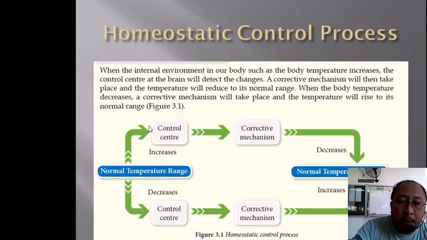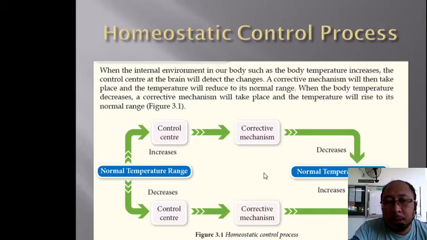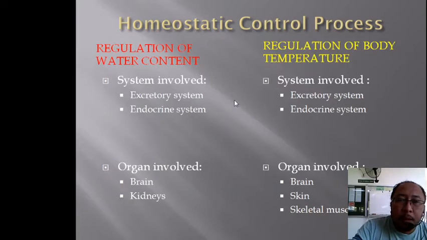Anything that happens in the internal environment of our body, there is a control process that involves the main organ, our brain. So our brain will detect any changes that happen in our internal environment.